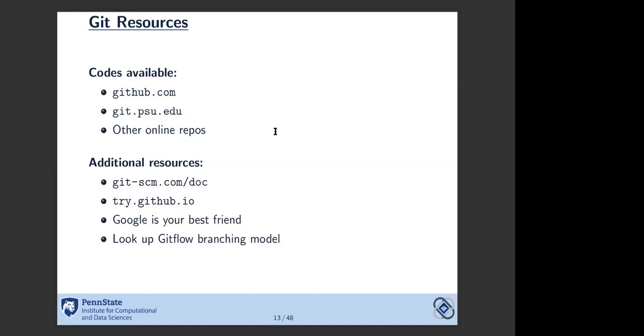Penn State also has a GitLab instance, which is available at git.psu.edu, and there are other online repositories as well, and some places to get documentation. So git-scm and obviously GitHub are great locations for additional resources. And then this Git flow branching model is something that you can look into as well.